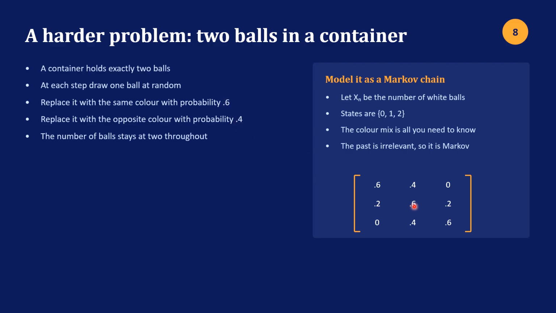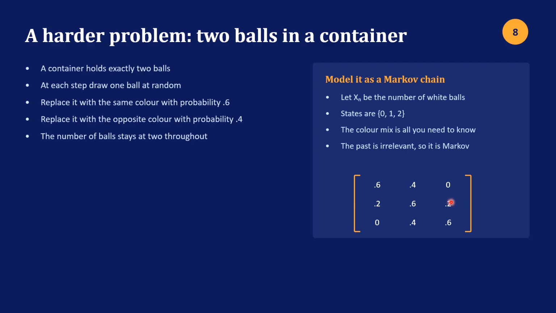So again, you still have 1 white ball at the end of the step. So you have 1/2 times 0.6 plus 1/2 times 0.6, and that's 0.3 plus 0.3, and you get 0.6.